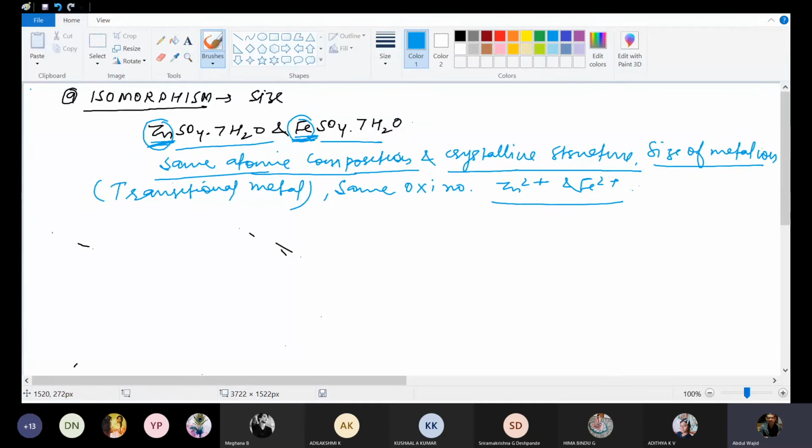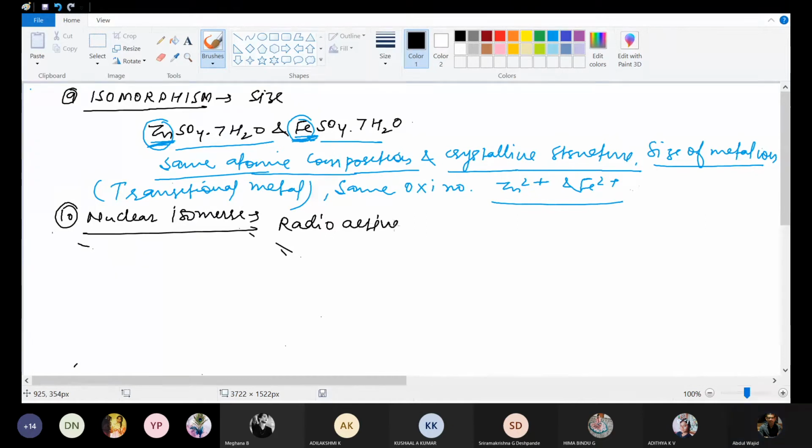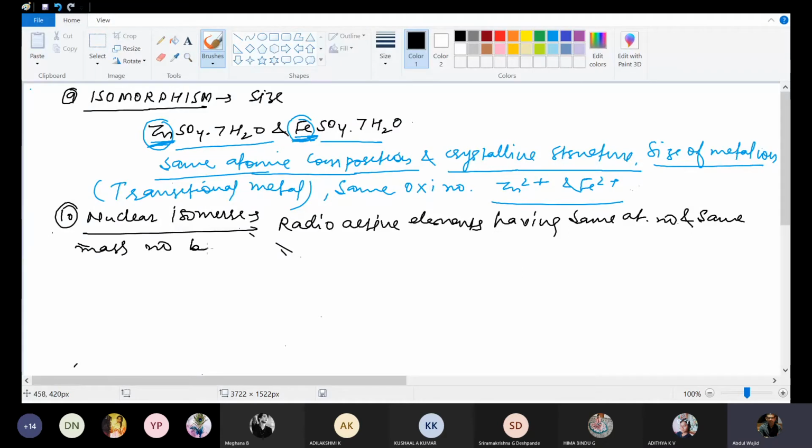Then the last is nuclear isomers. Nuclear isomers are radioactive elements having the same atomic number and the same mass number, but different radioactive properties.